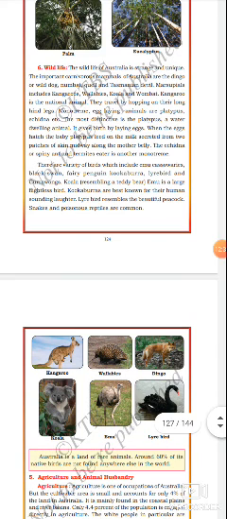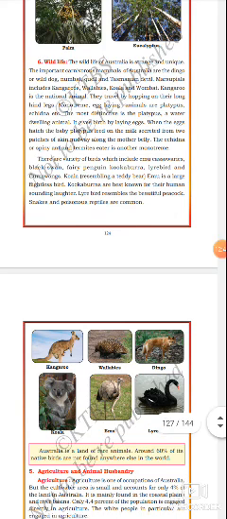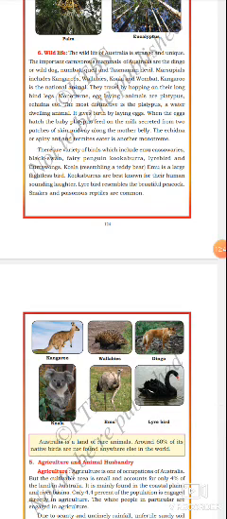When the eggs hatch, the baby platypus feeds on the milk secreted from two patches of skin midway along the mother's belly. The echidna, or spiny termite eater, is another monotreme.